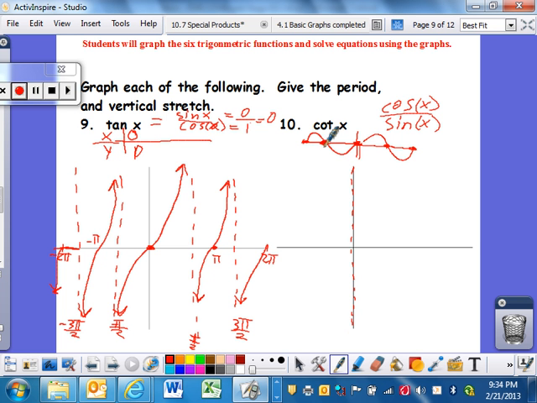If we think about our unit circle, we know at pi we're going to have an asymptote because that's where sine of x is also going to be equal to 0. We know it repeats at 2 pi. And we know that we can mirror this on the other side. So we can have negative pi and 2 pi.